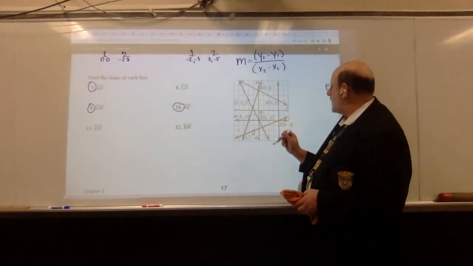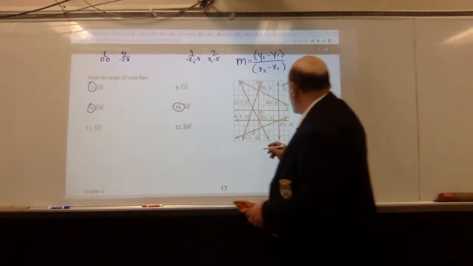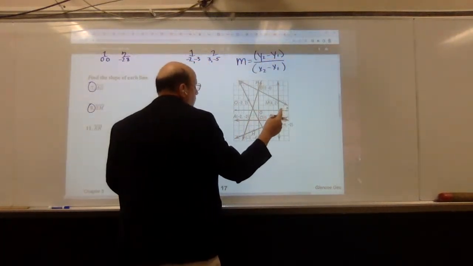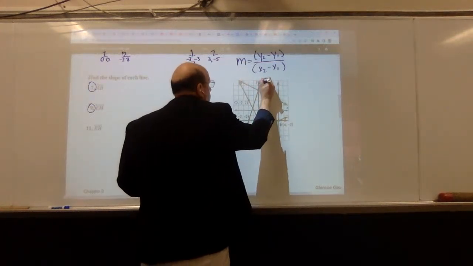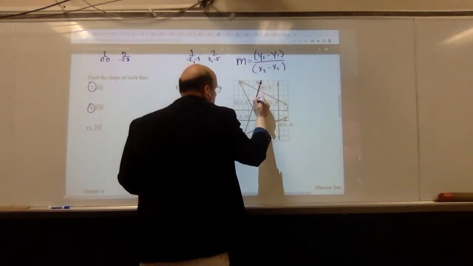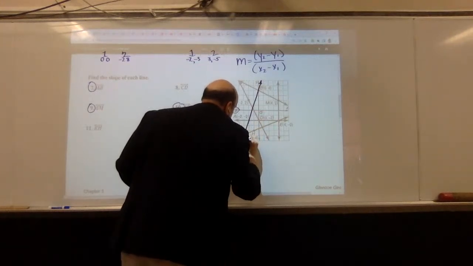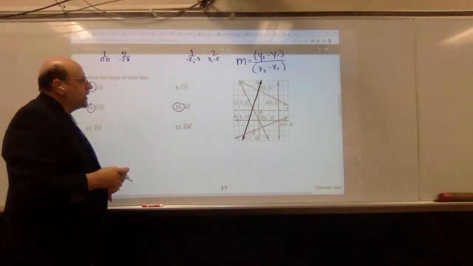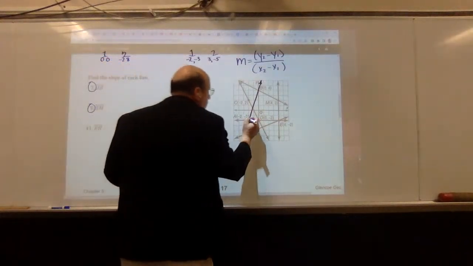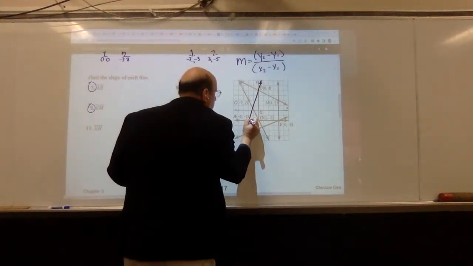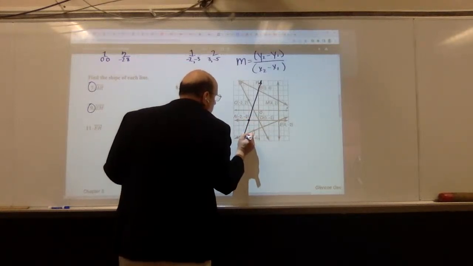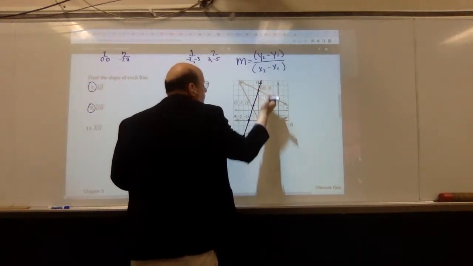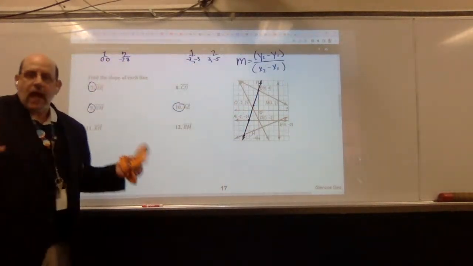Let's look at AB, and I'm going to outline AB for you. This is point A here, and where's point B? Point B is here. So we're looking at this line right here, okay? So you could do one of two things. You can find where this line intersects, and you can count.